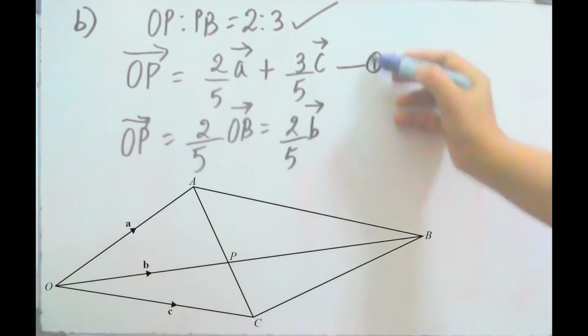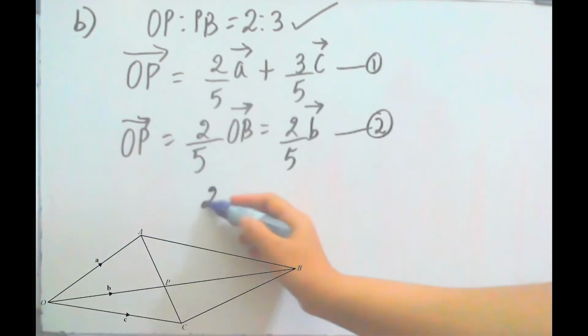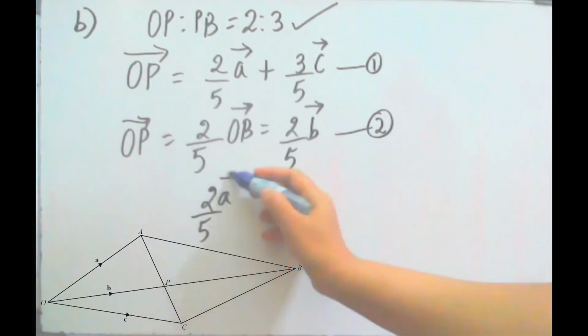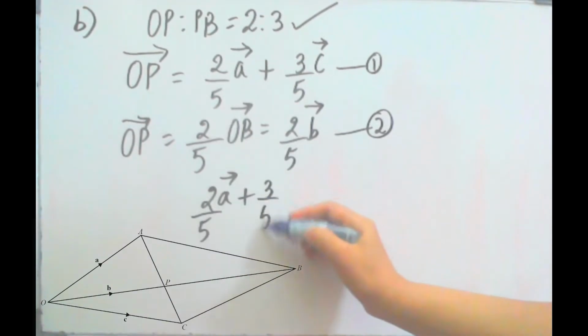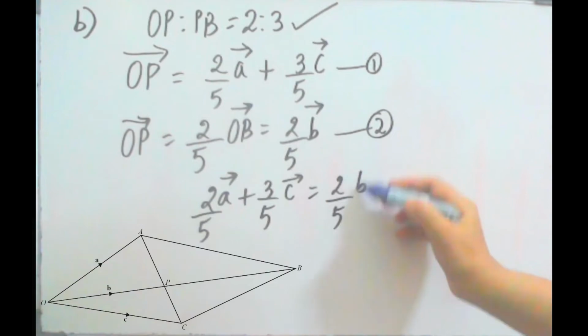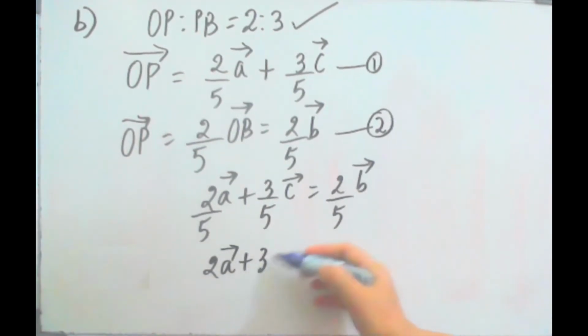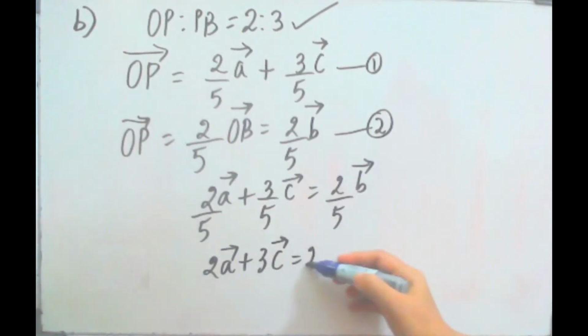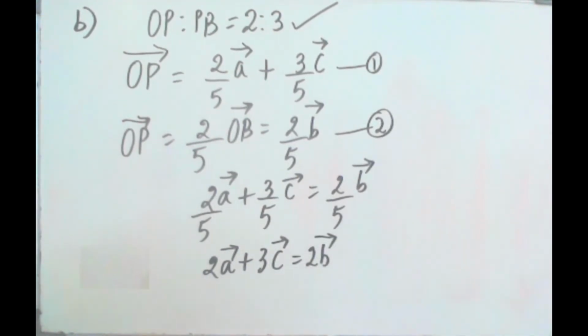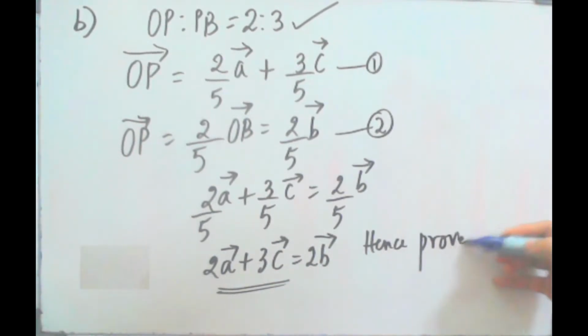Now from equations 1 and 2, we can equate the right sides. So 2 over 5A plus 3 over 5C is equal to 2 over 5B. What we get is 2 into A vector plus 3C vector is equal to 2B vector. Hence shown. Or you can say hence proved.